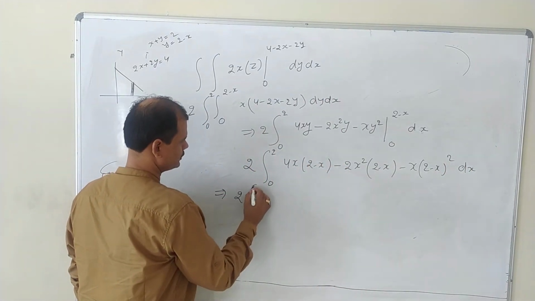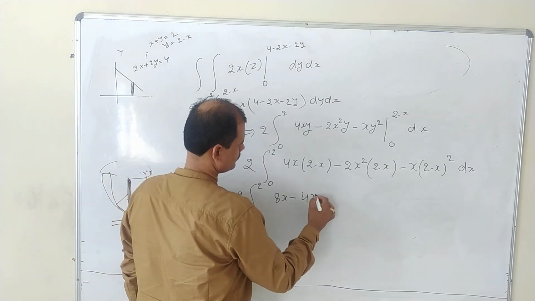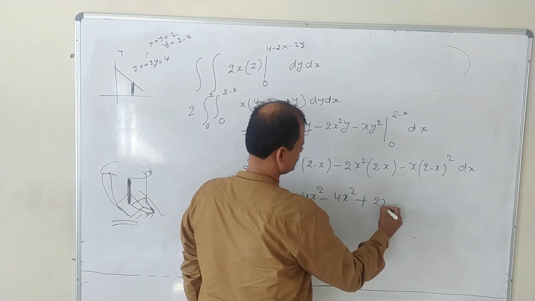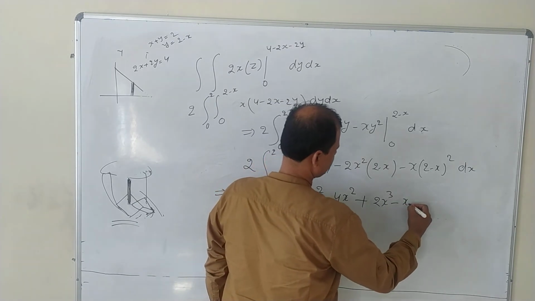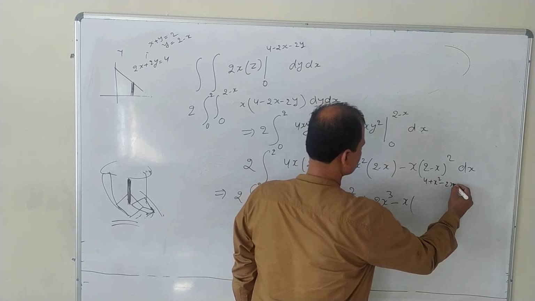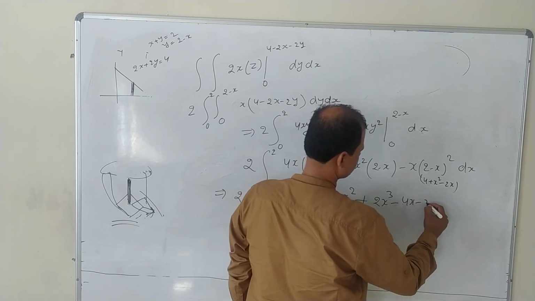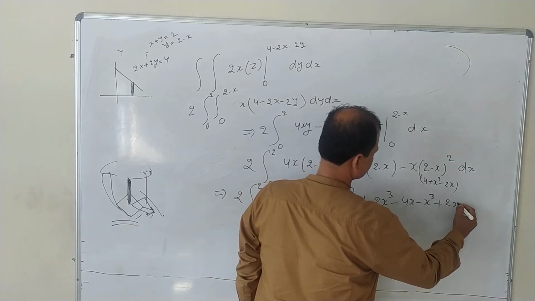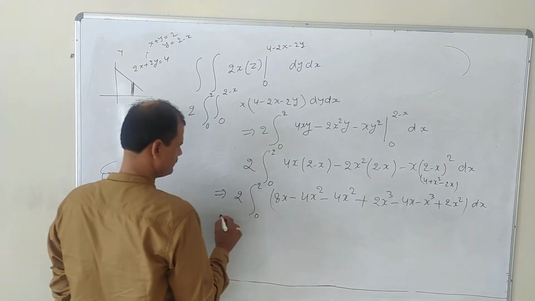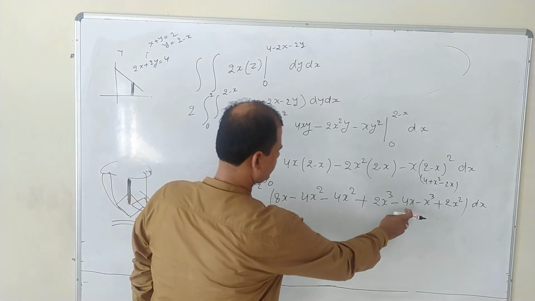Let us integrate that from 0 to 2: 8x minus 4x square minus 4x square plus 2x cube minus x into (4 plus x square minus 2x), so I can have 4x minus x cube plus 2x square dx. Let us simplify this. So 2 into 0 to 2, and we have x cube, right?